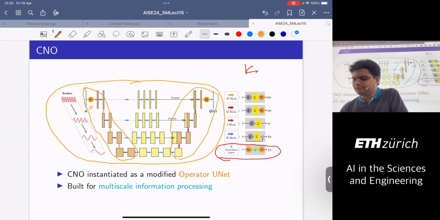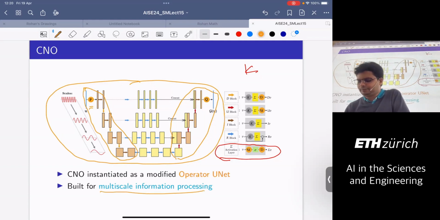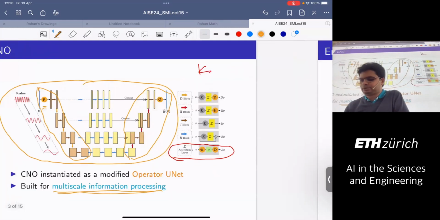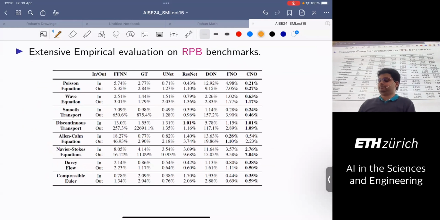And we will see more and more that all state-of-the-art vision machine learning algorithms have this sort of multi-scale feature. This is an important part of the whole thing because it allows for multi-scale information processing. And we showed through various examples that it also has good performance.